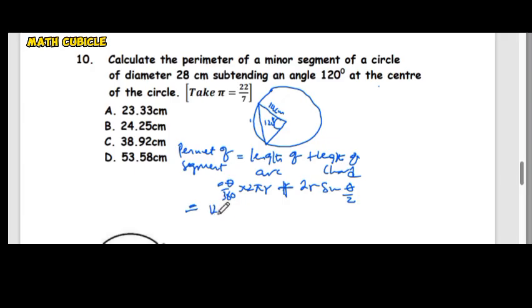So perimeter is equal to 120 over 360 times 2 times pi, which is 22 over 7, times the radius. Radius is 14 centimeters, plus 2 times the radius 14 times sine of theta, 120 divided by 2.